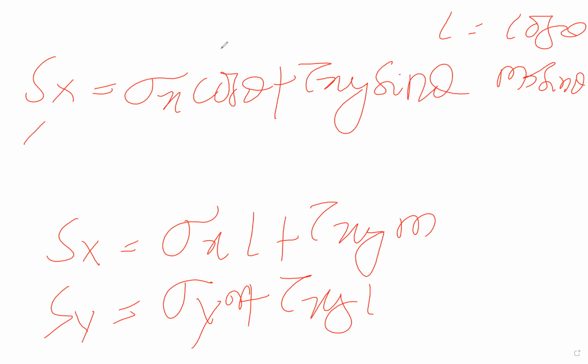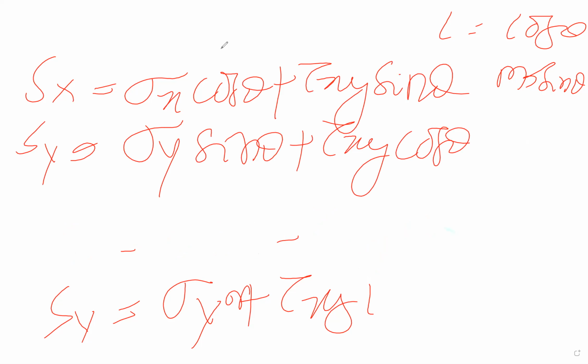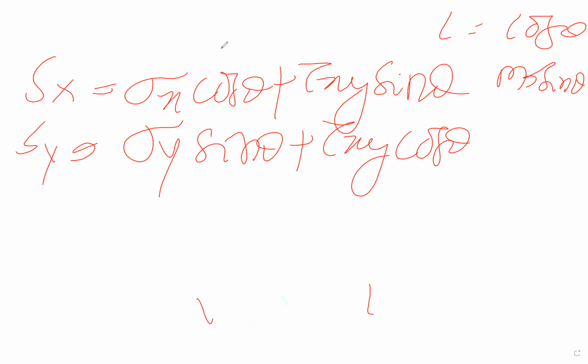Similarly, Sy is equal to sigma y sin theta plus tau xy cos theta. This is the equation which is derived here. Now we know the values of Sx and Sy.